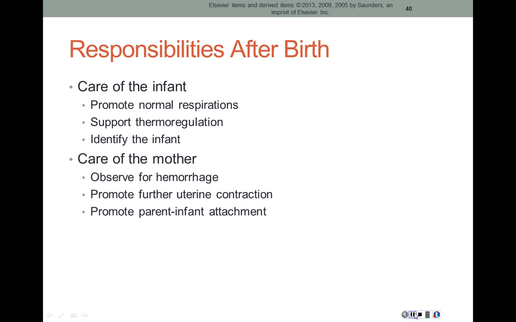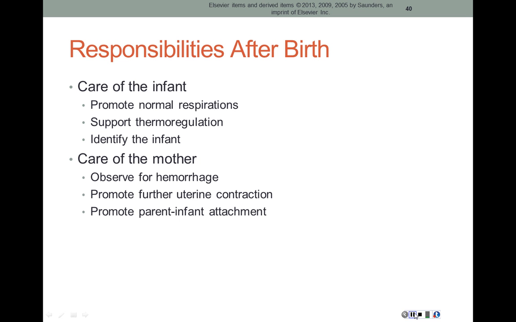Now, that's not always possible with complications, or if mom's had to have a cesarean and she's in the surgical suite. She may get to see baby for a brief second, but then baby is whisked away to the nursery. And that's normally when, if mom's okay, then we would tell dad or significant other to go with baby.